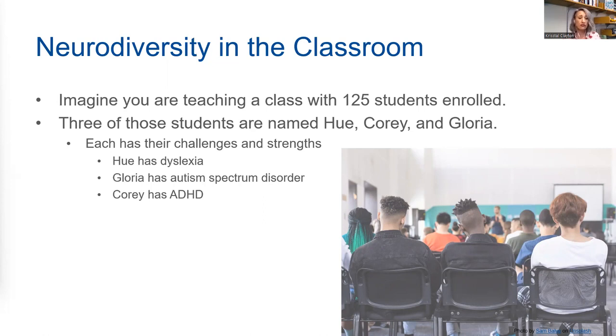Gloria frequently struggles with understanding jargon, taking notes, collaboration, completing tasks when instructions are not thorough, and focusing. Last, we have Corey. Corey's difficulties are submitting work in a timely manner, staying organized, consistently attending class, multitasking, and remembering details. Next slide, please.